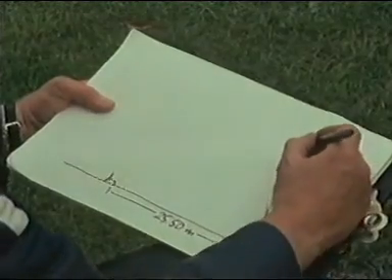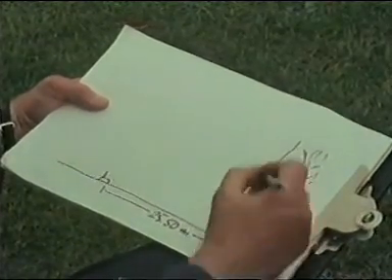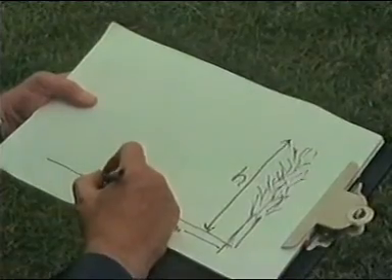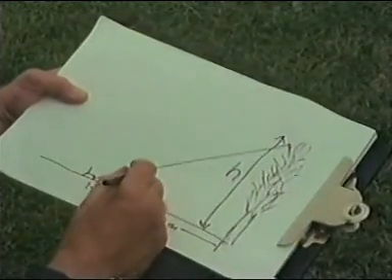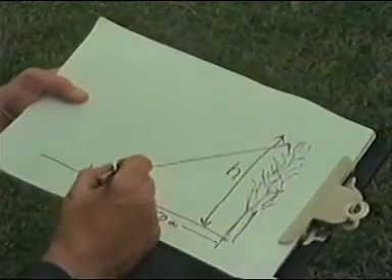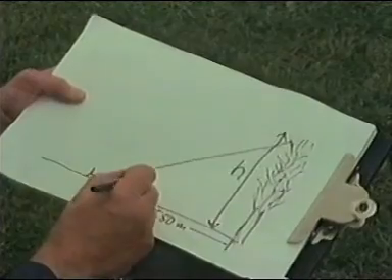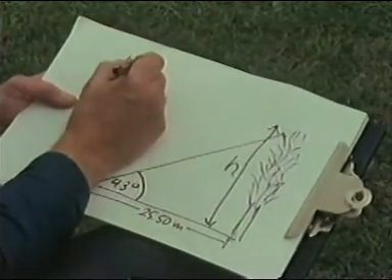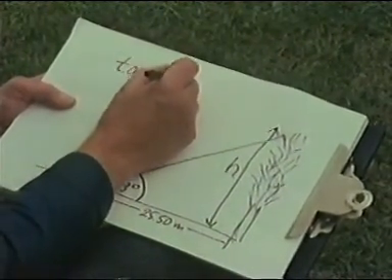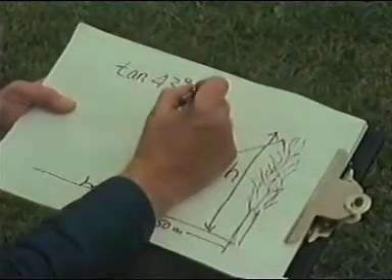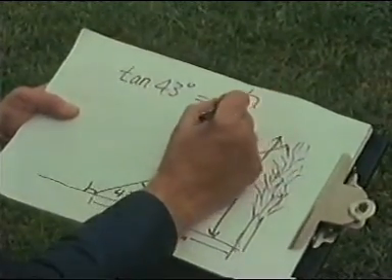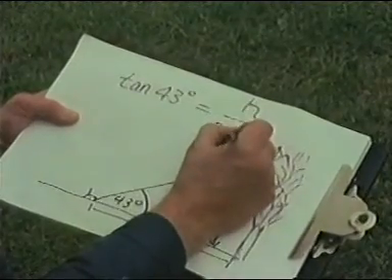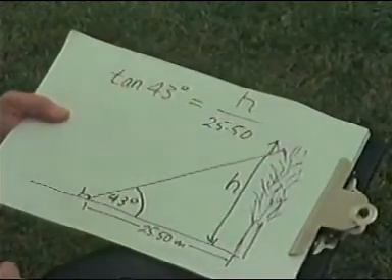Well, now suppose I call the height of the tree here h. And then the angle I just measured is this angle here, and that was 43 degrees. So I know that the tangent, tan 43 degrees, is equal to the height of the tree divided by that length I measured, 25.50 meters.